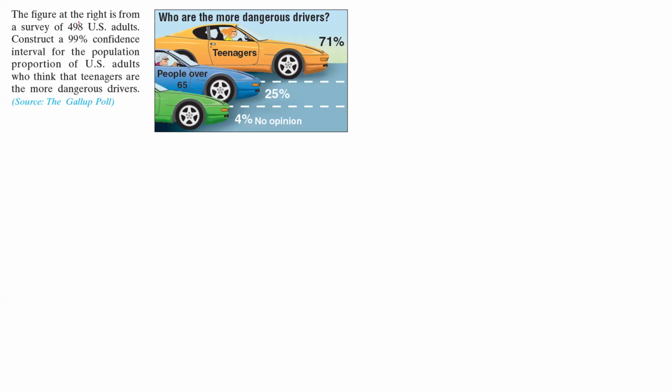And out of 498 people, 4% have no opinion. You would like to construct a 99% confidence interval for the population proportion of US adults who think that teenagers are more dangerous drivers.